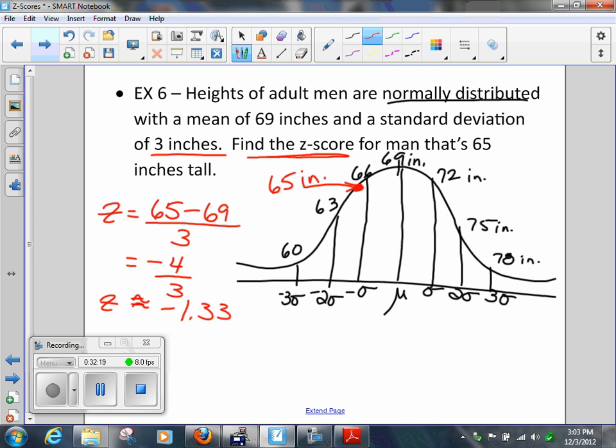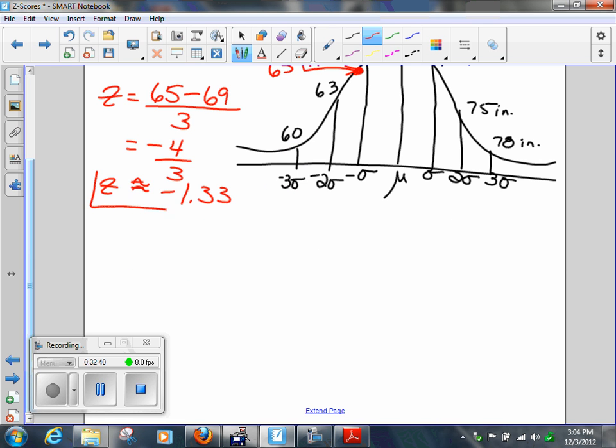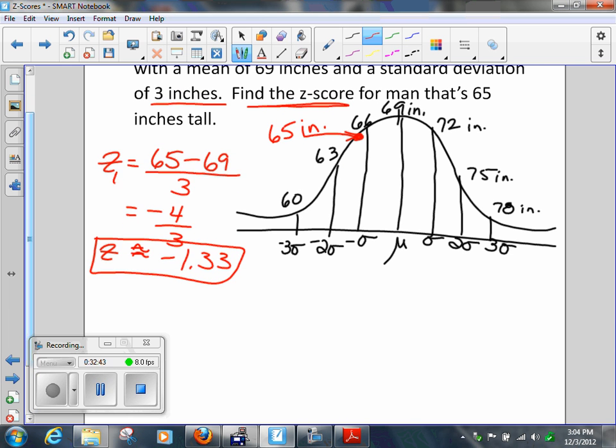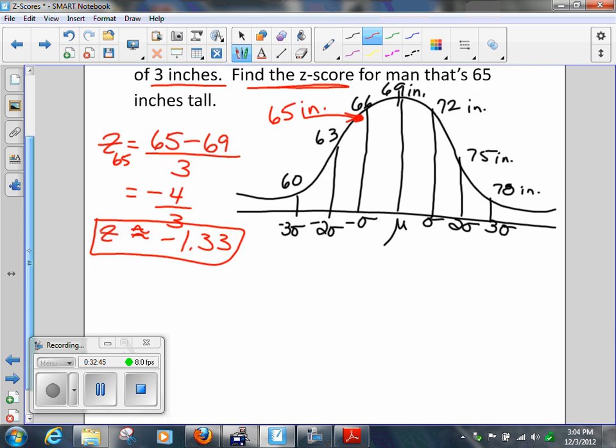Now think about your Z-score table. It's to the hundredth, so this has to be the hundredth. Did we find the Z-score? Yes, we found the Z-score. That's our answer for the first part: the 65-inch tall man has a Z-score of negative 1.33.